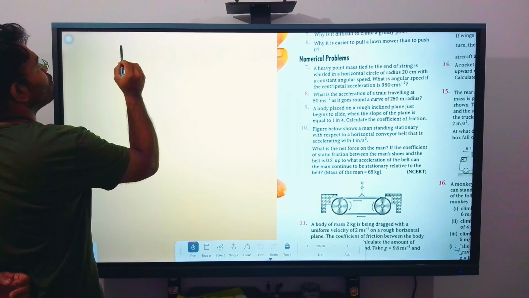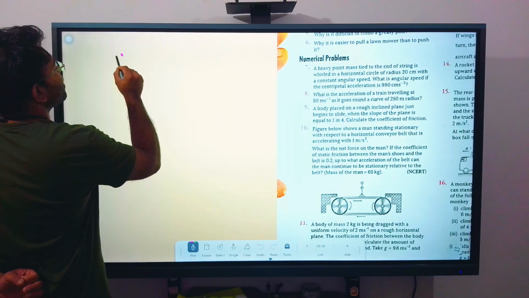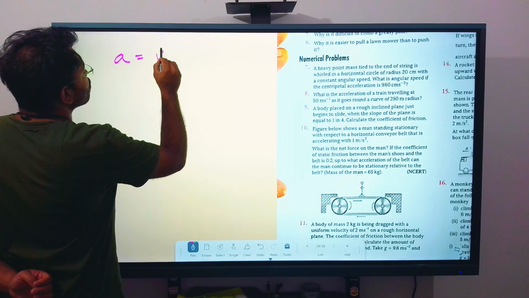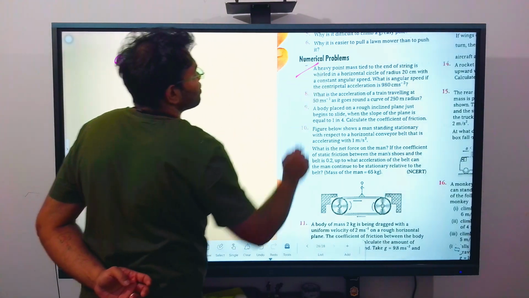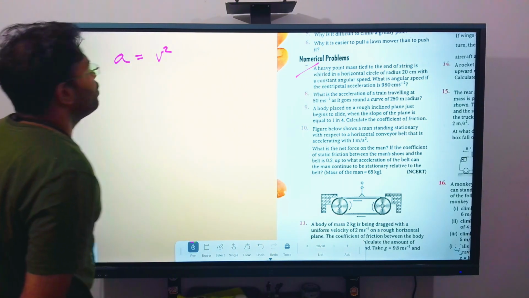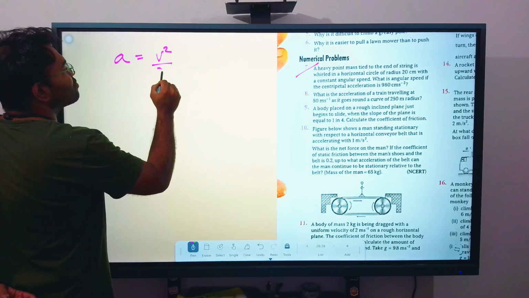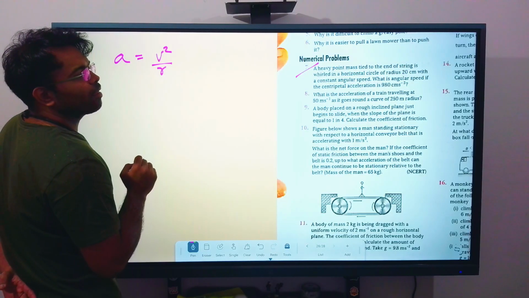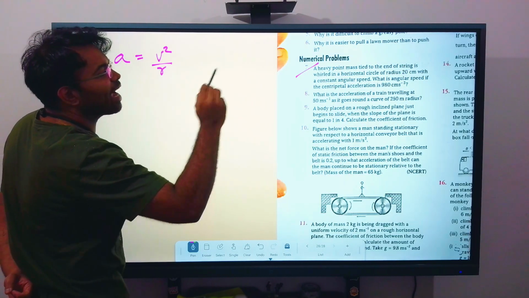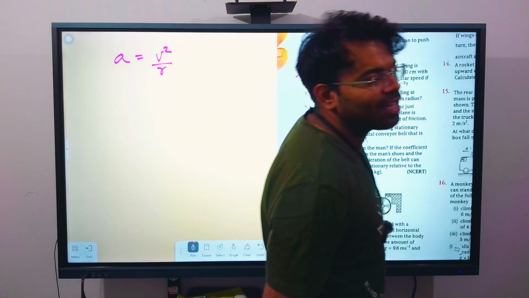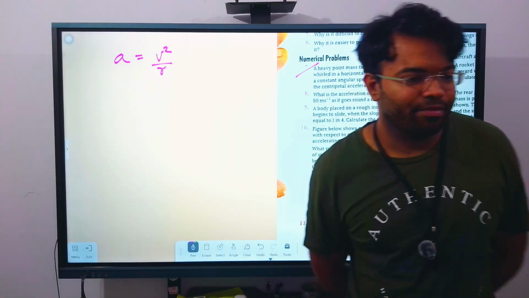Okay, so we know that centripetal acceleration a is given as V square upon R, right? And we also know what angular speed is. Angular speed is angular velocity.